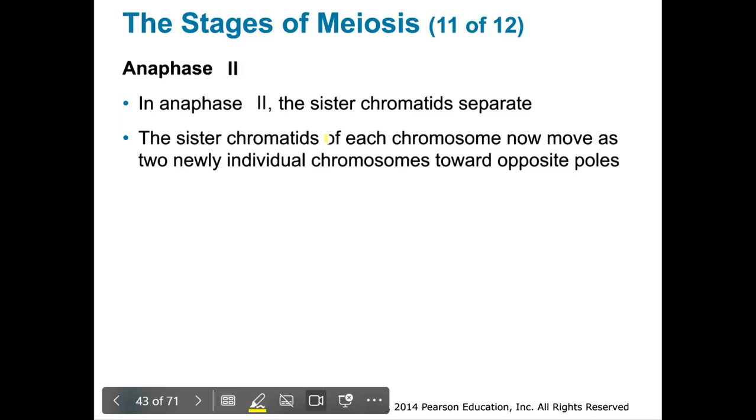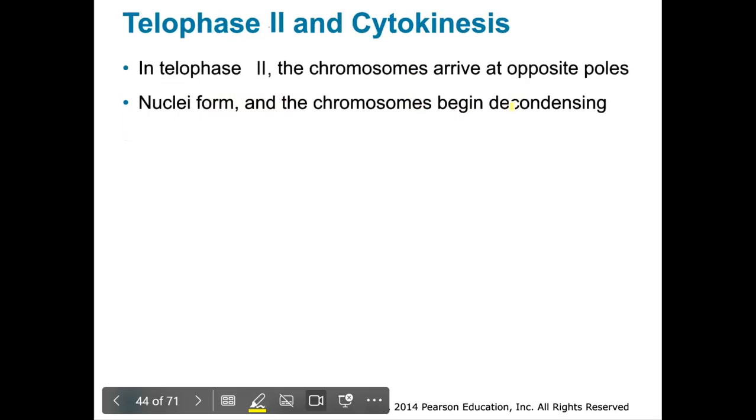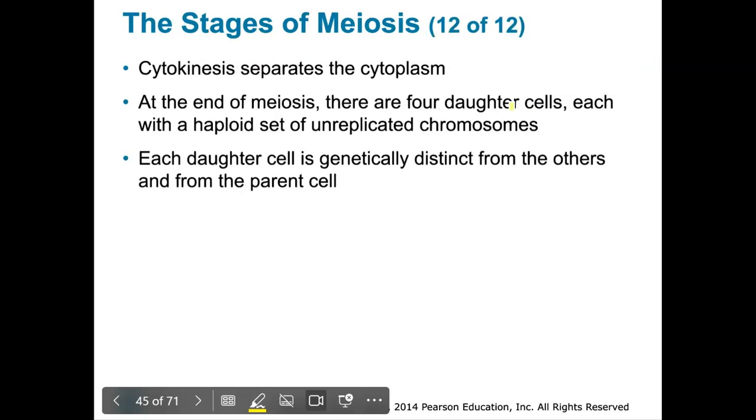In anaphase 2, the sister chromatids separate. So this is just like mitosis. And then telophase 2 and cytokinesis are the same as what we've learned. Those are the two that aren't any different between mitosis and meiosis. Cytokinesis and telophase are both the same, and it doesn't matter if it's meiosis or mitosis.